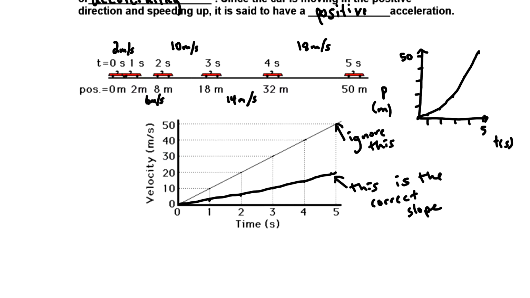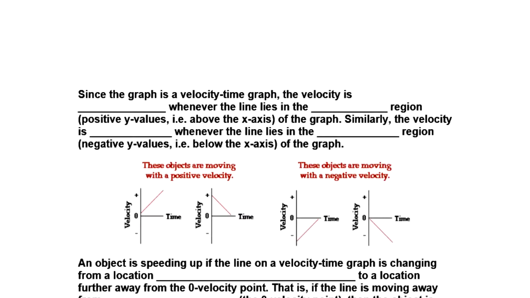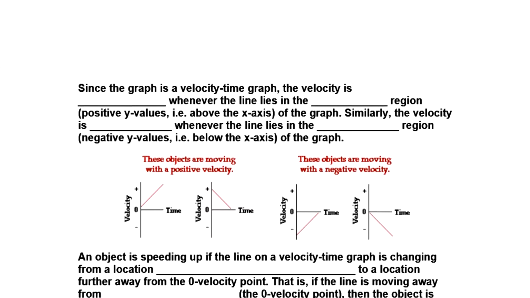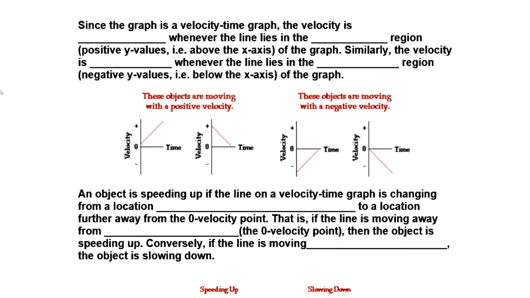Okay, so let's just get into more detail here and of some other scenarios that you could run across. So since the graph is a velocity time graph, the velocity is positive whenever the line lies in the positive region, which means the positive y values.